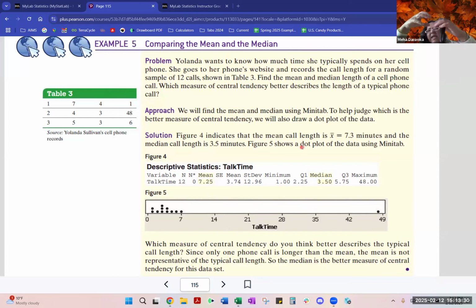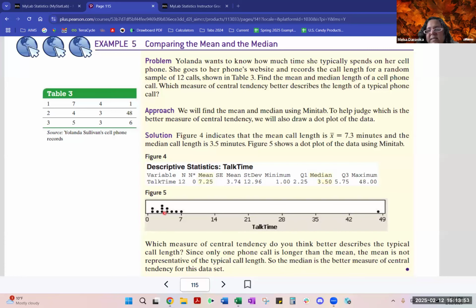So that 48 is pulling the mean further to the right, and that's why the mean is coming out to be 7.25, because that 48 is stretching it to the right-hand side. But the median of 3.5 makes sense, because that's right here in the center of this data.